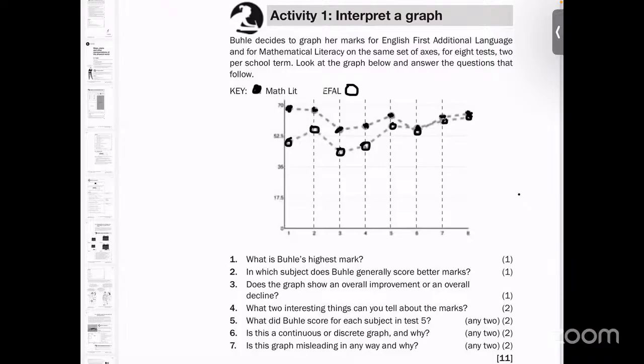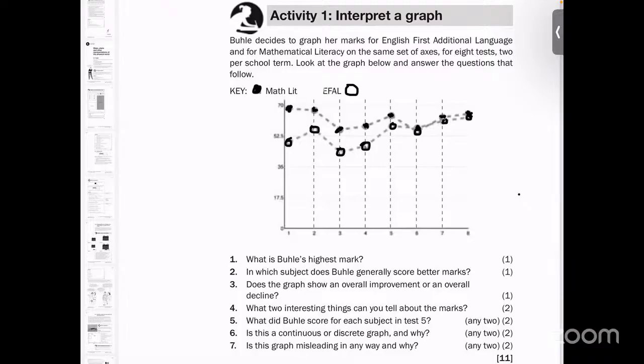So that means you need to go to test number 1, 2, 3, 4, 5, and then you go up. Then from there, you will realize that for the one subject, Butle scored a bit more, and for the other subject, Butle got just a bit less, but they were close. So it will be for you to try and give an estimate of what Butle could have scored for each subject.